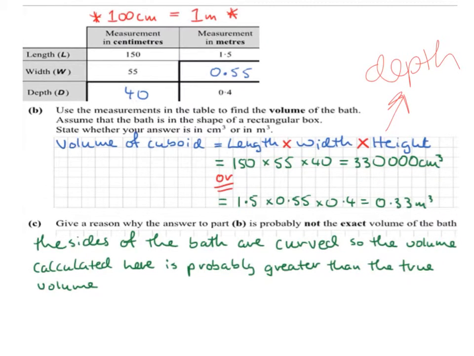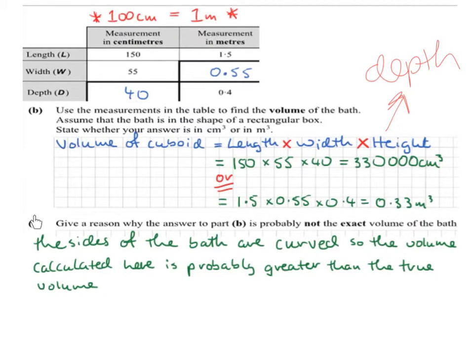Or we can work it out as metres cubed. We take our metre measurements, 1.5, 0.55 and 0.4, and multiply those together, which gives us 0.33 metres cubed. These two answers mean the exact same thing, just one is in metres cubed and one is in centimetres cubed.